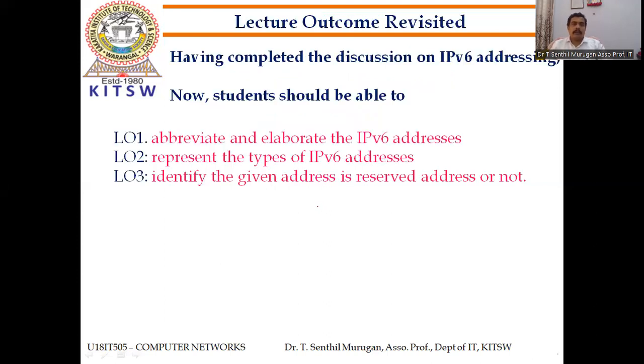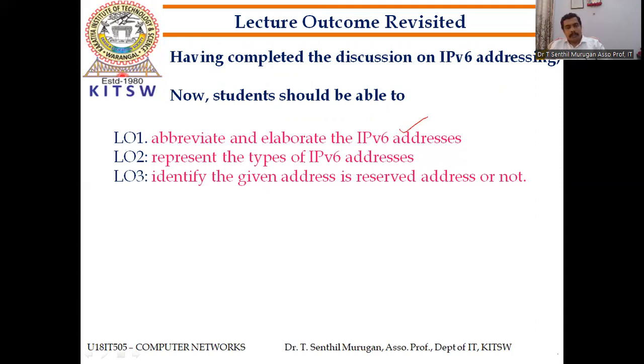So now we have to revisit the lecture outcomes. Having completed this discussion on IPv6 addresses in this lecture, the student will be able to abbreviate and elaborate the IPv6 address.